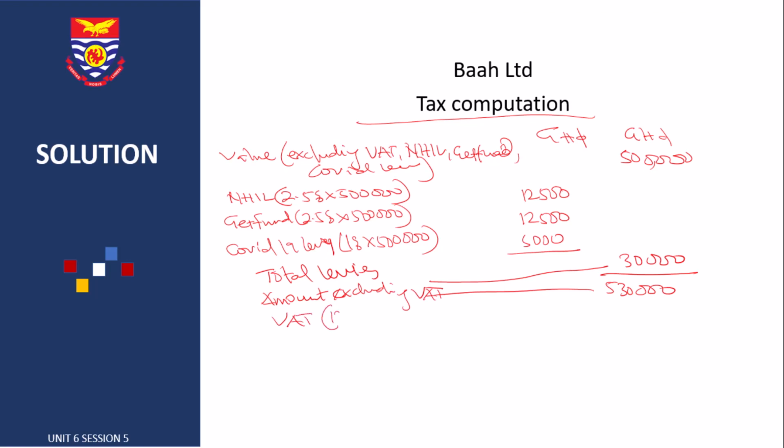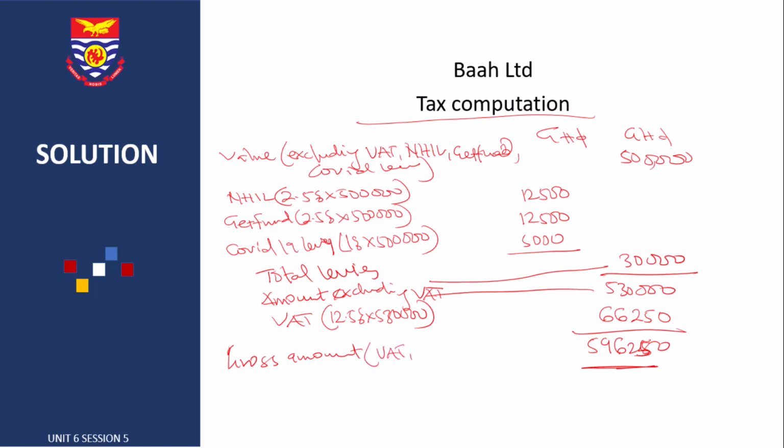The question told us to assume a rate of 12.5%, so we are going to get 66,250. We are going to get a total gross amount of 596,250. And this amount is the gross amount including VAT, NHIL, GETFund, COVID.